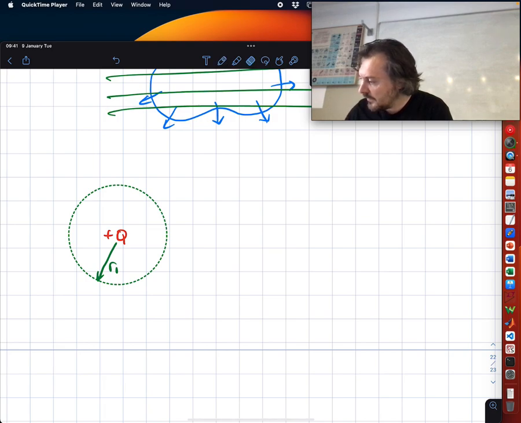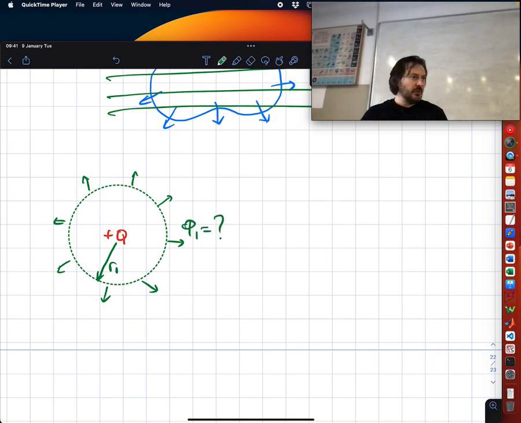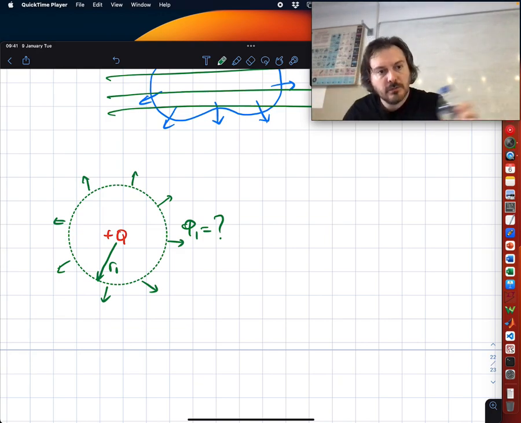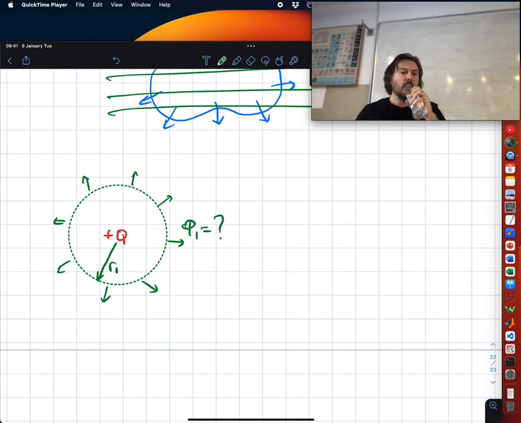So what is the total electric flux that comes out of here, phi 1? Simple, right? Very understandable, right? Geometrically and whatnot. It's a spherical shell.